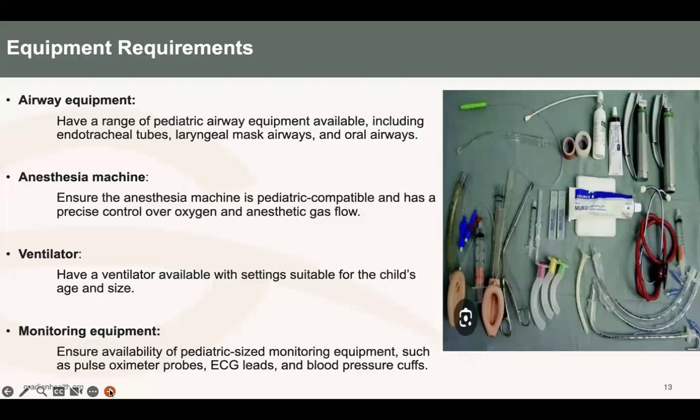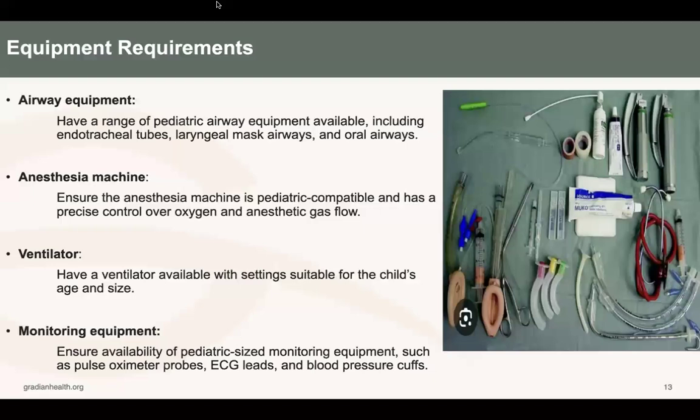You need to make sure you have oxygen in theater, and you should have tested the machine. You should also have a backup in case this machine becomes faulty, for oxygen and a way of ventilating the patient. That is important.